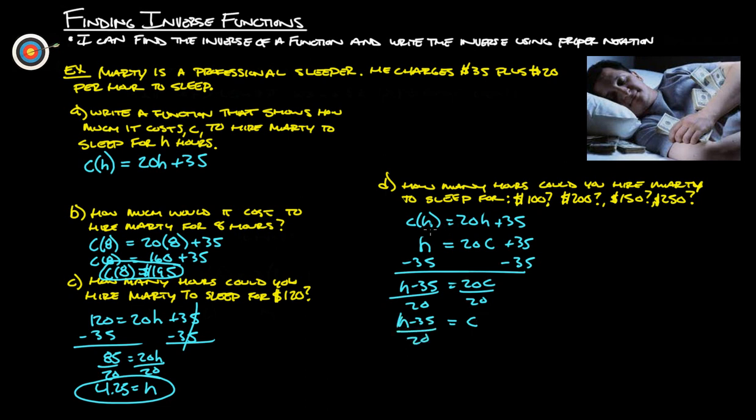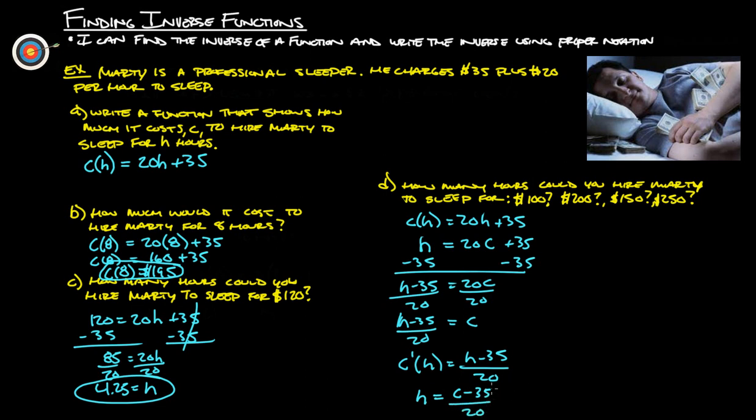It's the inverse of this C of H. So really what we have is C prime of H equals (H minus 35) all over 20. What this really means is the hours is going to equal (cost minus 35) over 20.